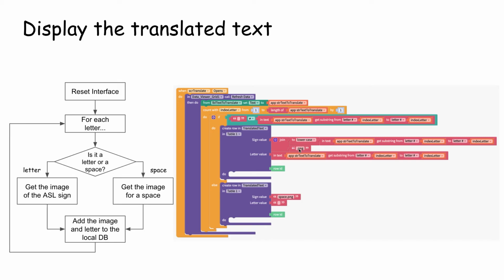So in our app, we have files for each of the individual letters as ASL signs. So this join, we're creating a.png or b.png, and then we're putting that in our table and adding in the text.